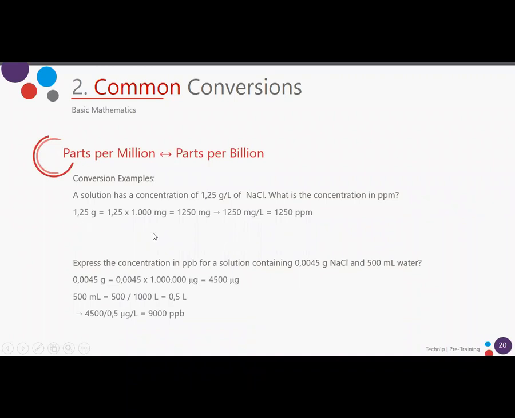So first, what we do is we convert our grams to milligrams. So 1.25 gram multiplied by 1,000 will give us milligrams. So we have 1,250 milligrams per liter, and we know the conversion is 1 to 1. So we know we have 1,250 ppm.